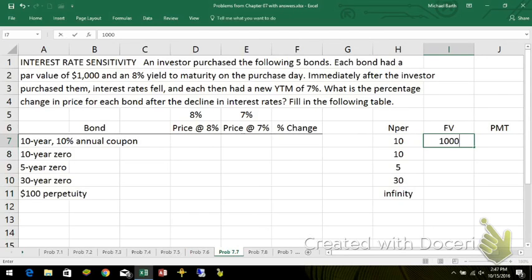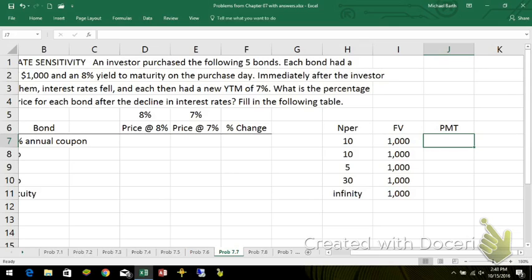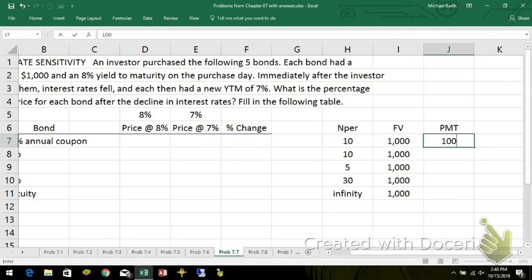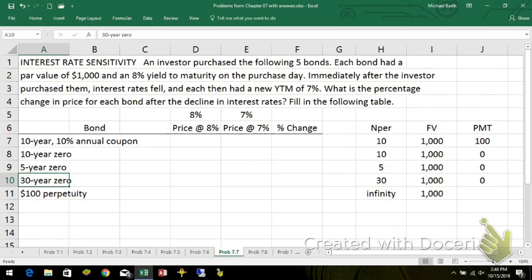The par value is $1,000 on each of them. And the payment is $100 on the first one, 0, 0, 0 for the zero coupon bonds. And then when we look at the perpetuity, it had an 8% yield to maturity on the day it was selling, then the payment would have been $80.